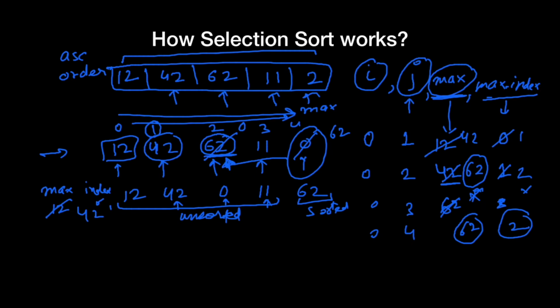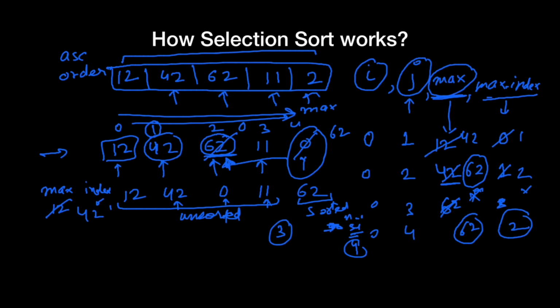So here we note, as I pointed out earlier, that the second thing we need to take care of is that with every iteration, the length of the unsorted array in which we need to perform the sorting reduces. Last time we did n minus 1, actually 5 minus 1, that is 4 comparisons, but this time we'll only be doing 3 comparisons.